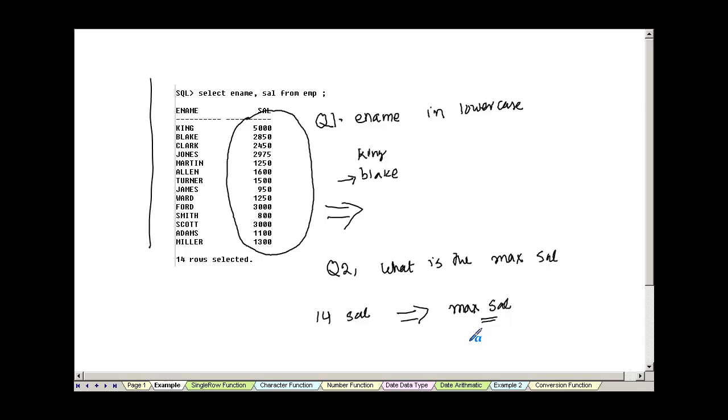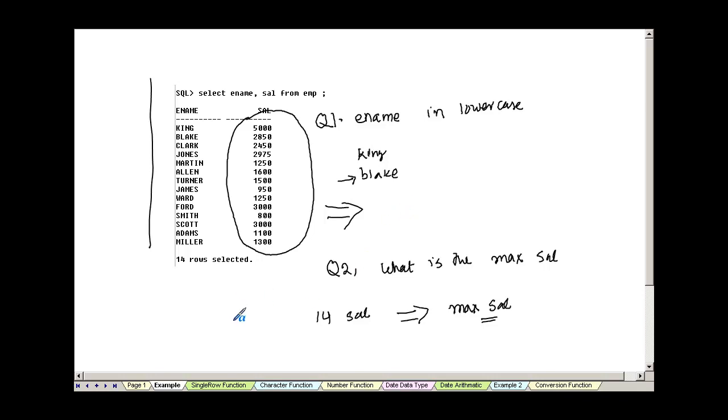So how to do that? You use Oracle's built-in capabilities, Oracle's built-in functionalities, which are called functions. Use functions to get the answers to these two questions. Even more questions can be answered by using functions.